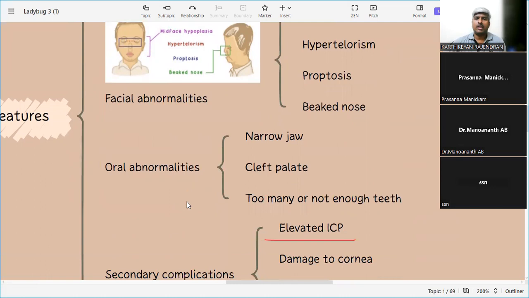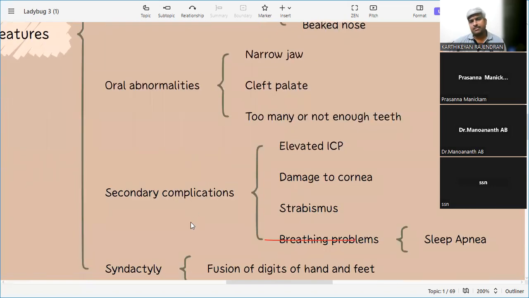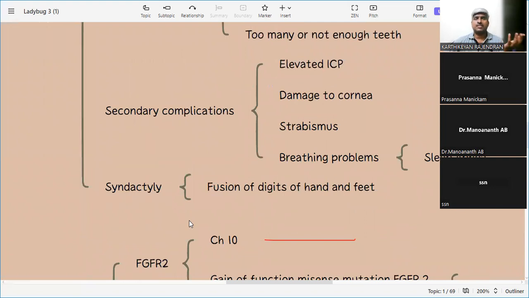In the oral cavity, we have a narrow jaw and cleft palate, and teeth are crowded or not enough. Secondary complications because of the suture line fusion include elevated intracranial pressure, damage to the cornea because of proptosis, strabismus, and breathing problems that lead to sleep apnea.